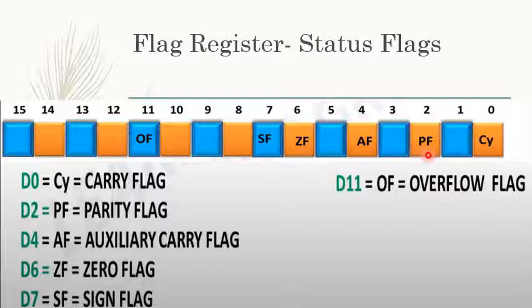Next, bit D2, parity flag, is set if the lower order 8 bits of the result contain an even number of 1s, cleared otherwise. AF, auxiliary carry, bit number D4, is set on carry from or borrow to the lower order 4 bits of AL, cleared otherwise.